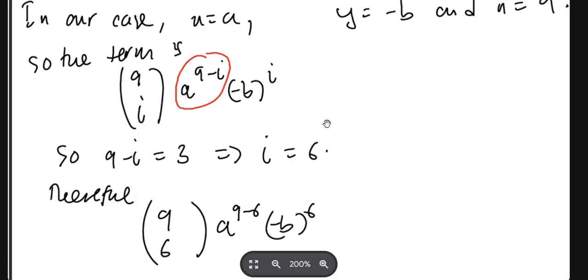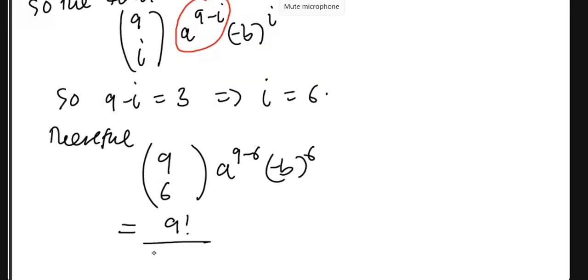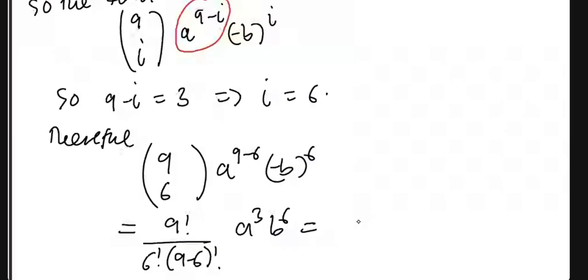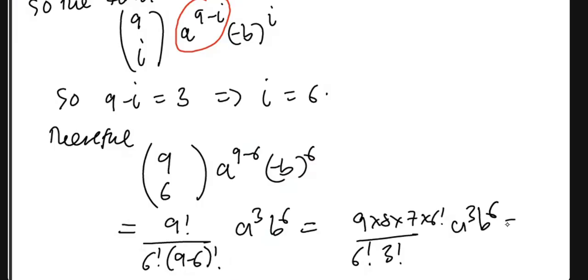is equal to 9 choose 6 over 6 factorial multiplied by 9 minus 6 factorial, then a to the power 3 and b to the power 6, which is equal to 9 times 8 times 7 times 6 factorial over 6 factorial multiplied by 3 factorial, a to the power 3, b to the power 6.